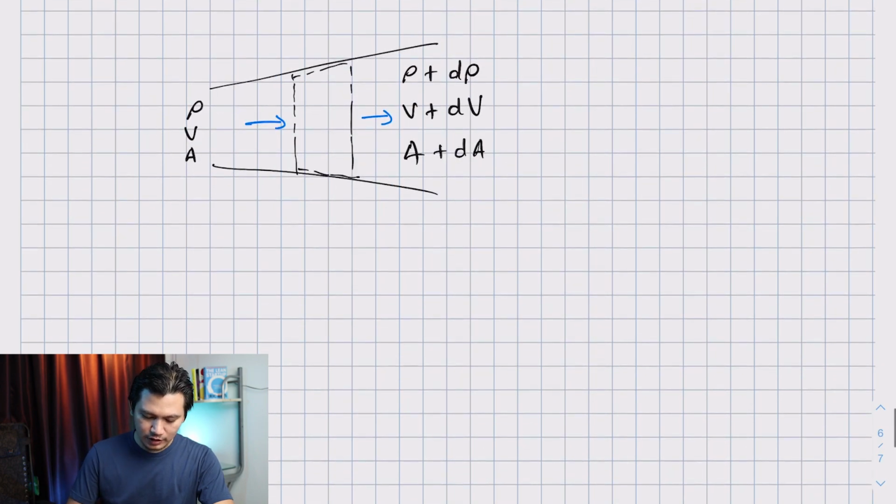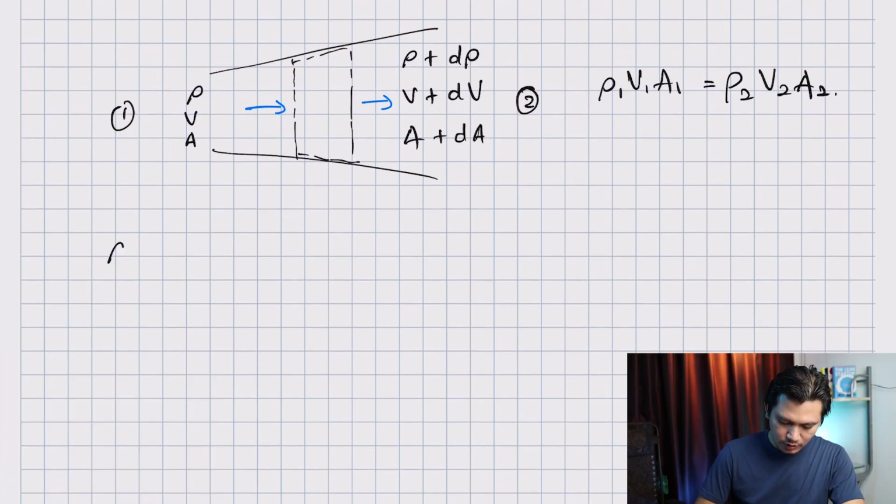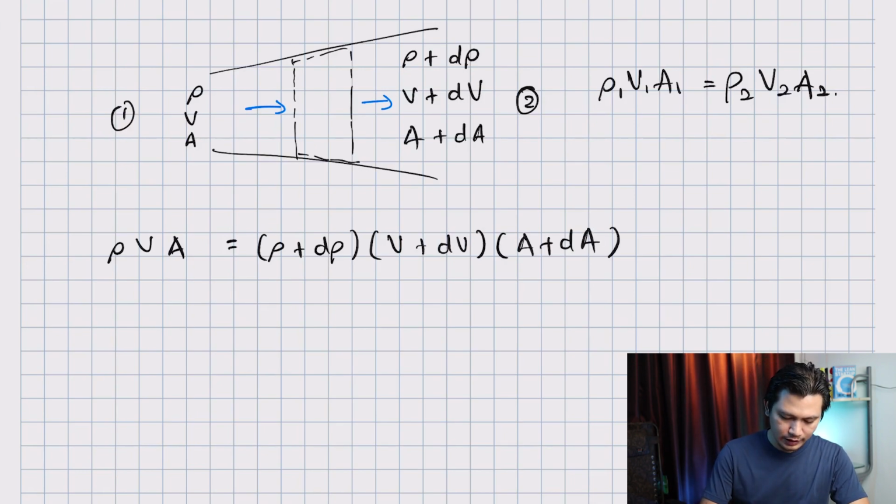So now let's go back to this relationship, and this is point 1 and this is point 2. If the equation says rho 1 V1 A1 equal to rho 2 V2 A2, now I'm going to have rho times velocity times area at point number 1, equal to rho plus d rho times v plus dv times A plus dA, at point 2.